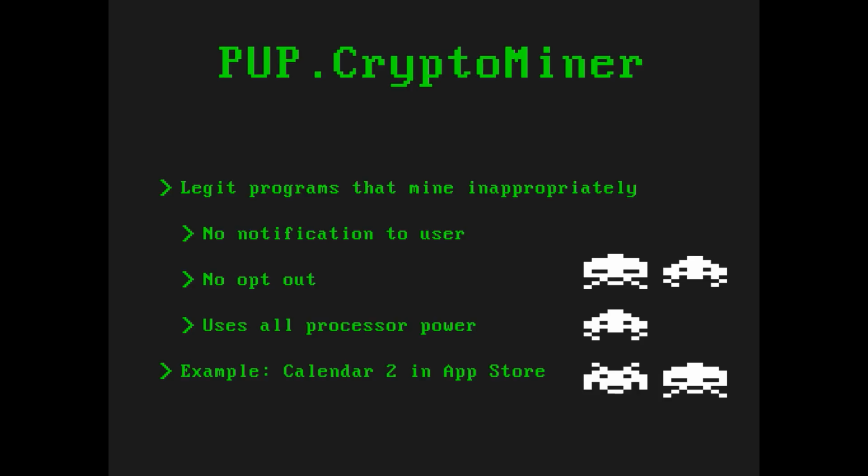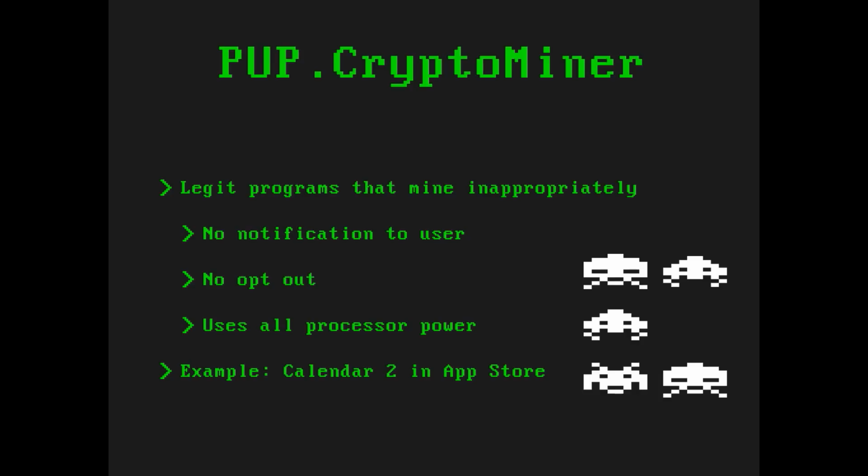The other thing that we don't like, even if they're doing everything else right, is if they're using all of your processor time for the mining, where literally there's no way to dial it down, then that's a problem. And a lot of times what we see is that when the user sees this process using all their processor time, they don't actually know what it is, they don't know why it's using that processor time.